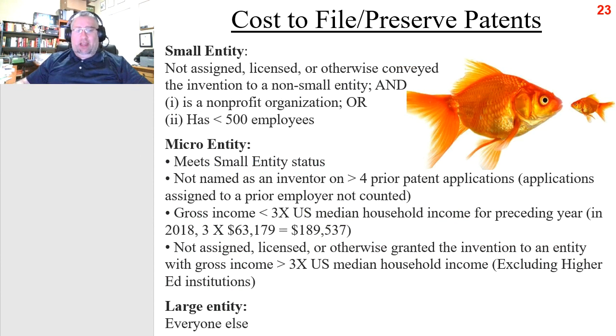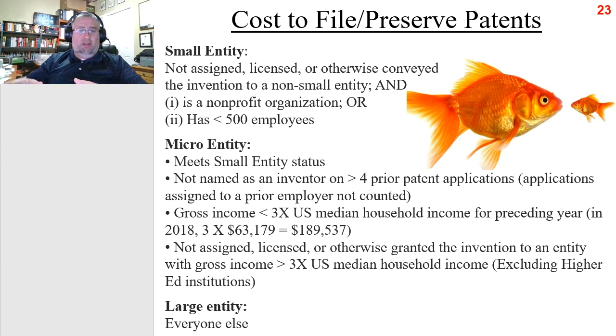So a small entity by USPTO's definition is one that has not yet agreed to assign, license, or otherwise convey the invention in the patent that it's filing to a non-small entity, right? So you can imagine, right? A big company just forms a little company.